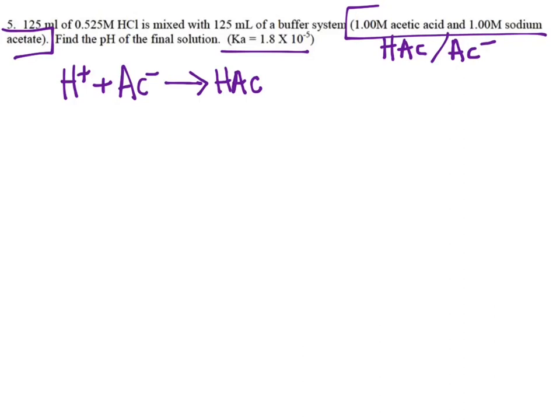So we need a mole table, or what you might call a limiting reactant, but we need to be in moles to figure this out. So how many moles of H plus do we come in with? We have 0.525 molar HCl, and we have 0.125 liters, so we multiply it.